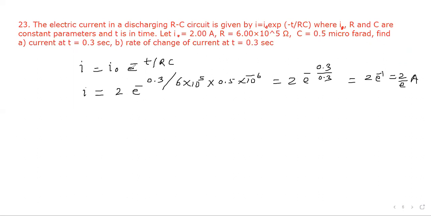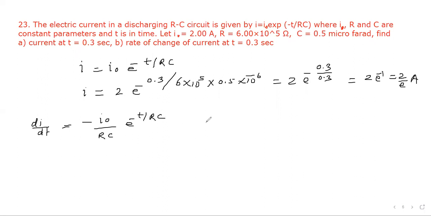Now, second part, we have to find out the rate of change of current at t equal to 0.3 second. So we find di by dt by differentiating it. So minus I0 upon RC times e to the power minus t upon RC.